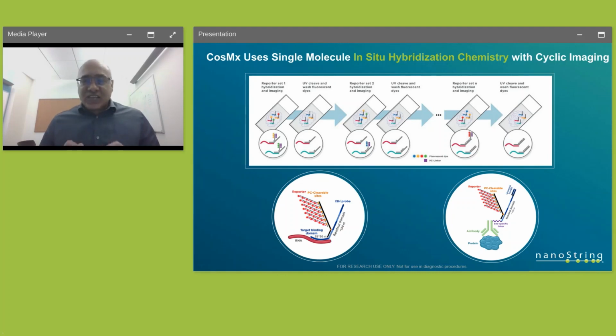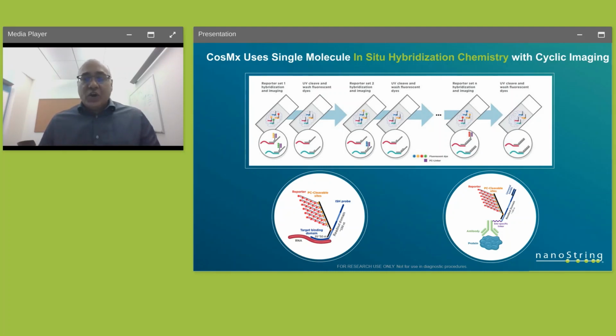CosMx uses single molecule in situ hybridization chemistry. Both RNA as well as protein targets are identified by in situ hybridization of specific probes or antibodies linked to a DNA barcode, shown here as readout domains.